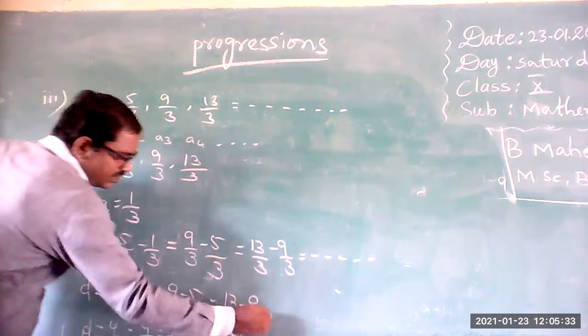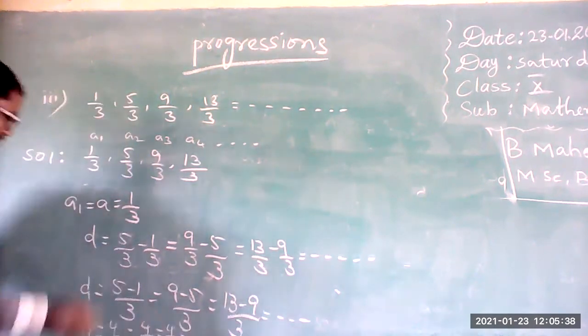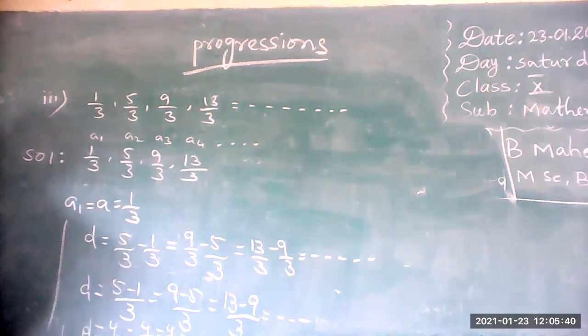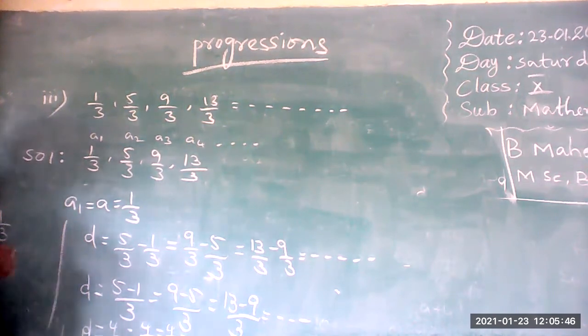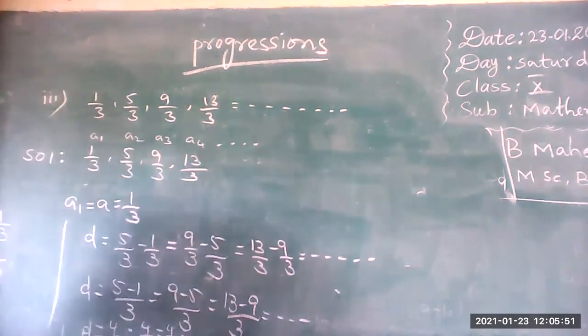So here all common differences are the same. Therefore A is equal to 1 by 3 and D is equal to 4 by 3. Okay. Next one.